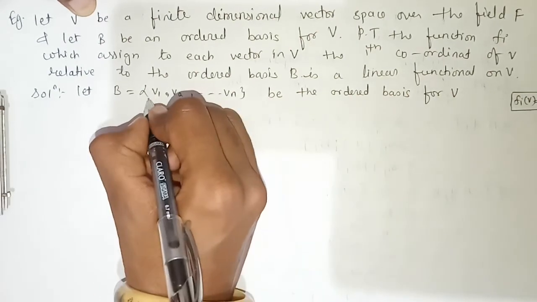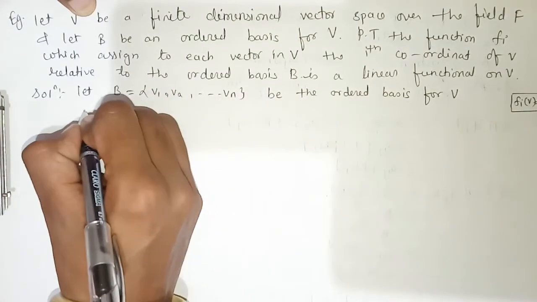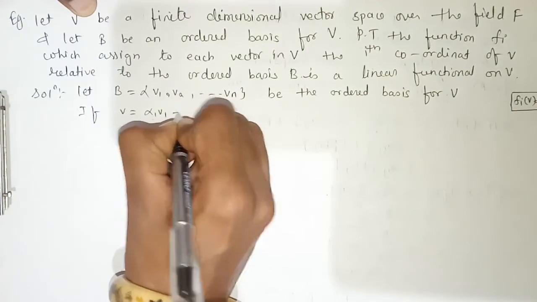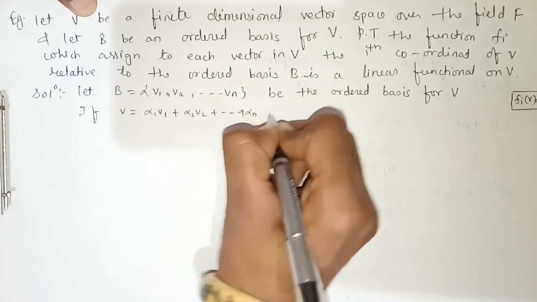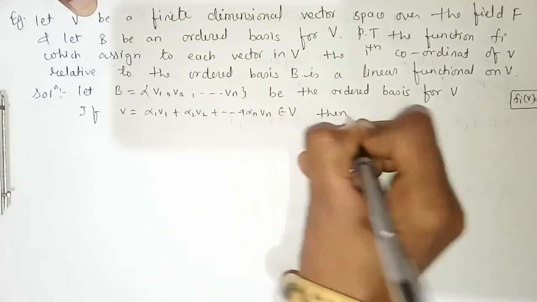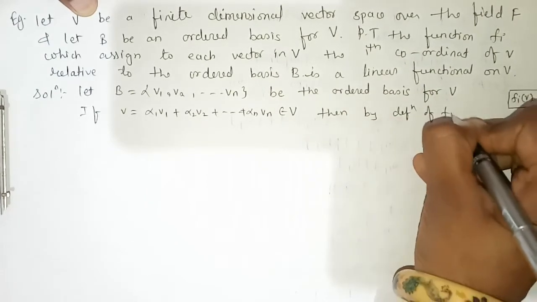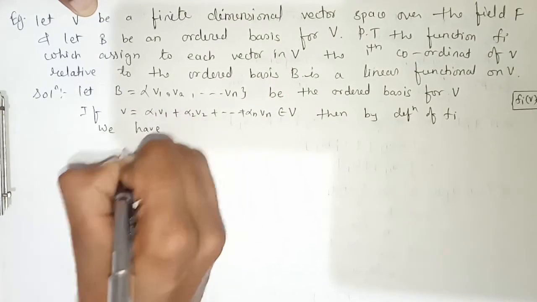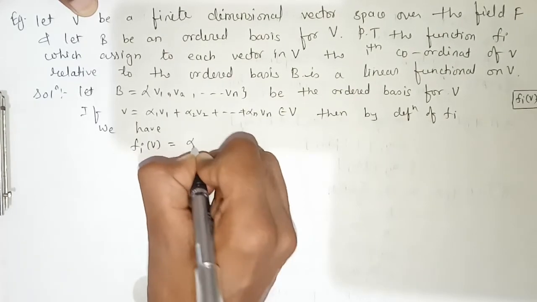Now as v1, v2, vn are an ordered basis for V, so if V is equal to alpha 1 v1 plus alpha 2 v2 plus alpha n vn belongs to V, then by the definition of fi we have fi of V is nothing but alpha i.